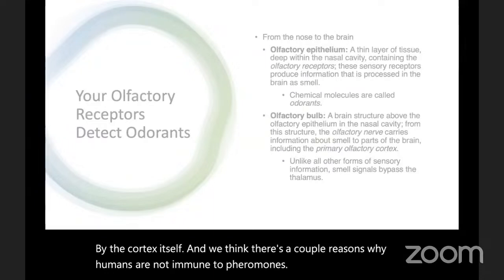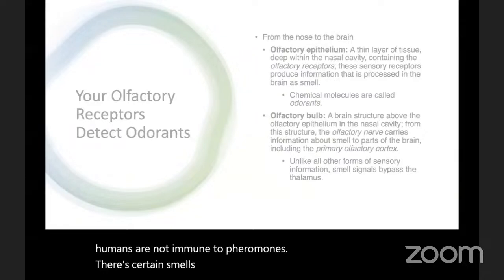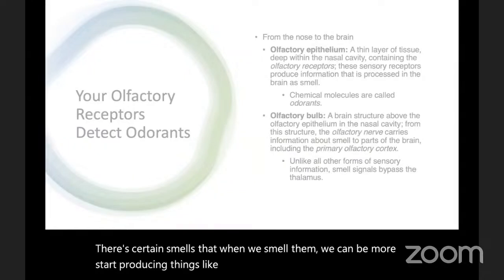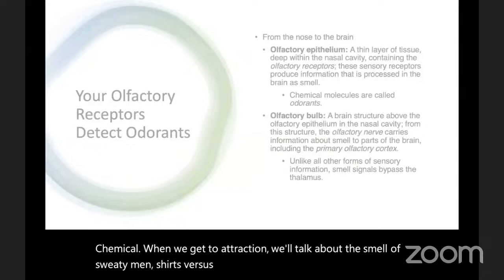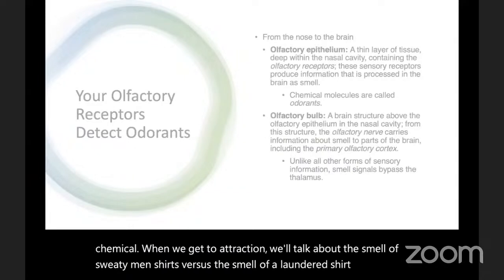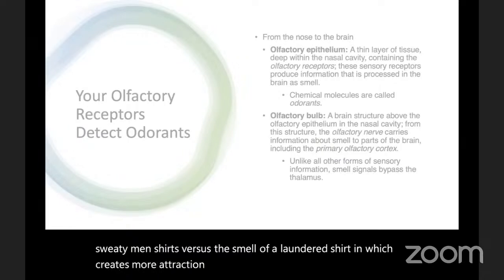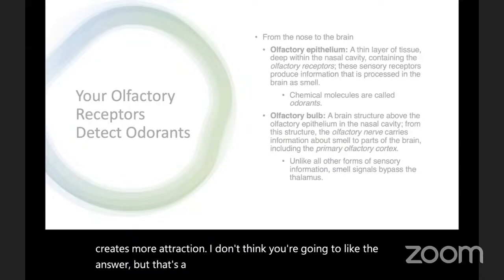There are certain smells that, when we smell them, can start producing things like oxytocin, which is our attraction chemical. When we get to attraction, we'll talk about the smell of sweaty men's shirts versus the smell of a laundered shirt, and which creates more attraction. I don't think you're going to like the answer, but that's a cliffhanger for that time.